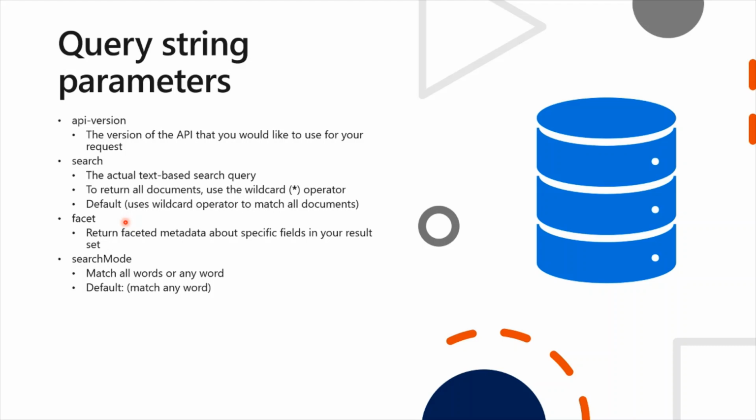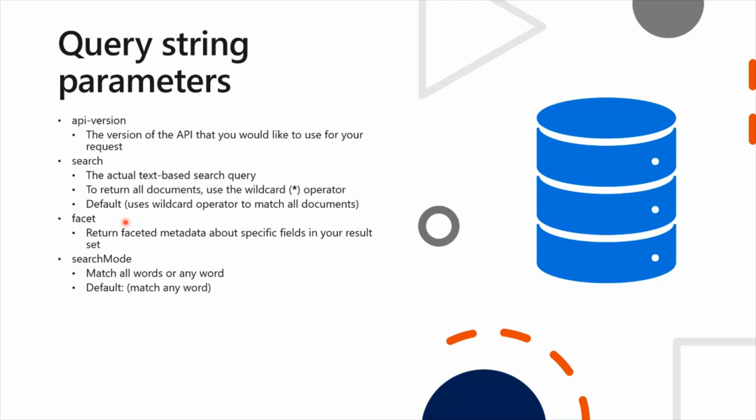You can use either the built-in simple query syntax or the newer Lucene query syntax with this parameter. Facet is used when you would like to return faceted metadata about specific fields in your result set. Search mode is whether you want to match on all words in the query or any word in the query, so you can say search mode.